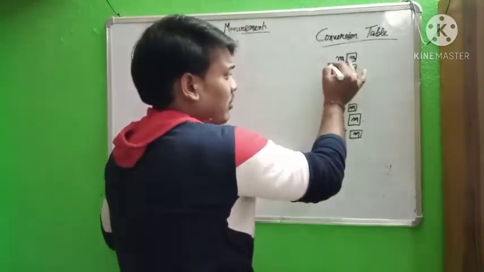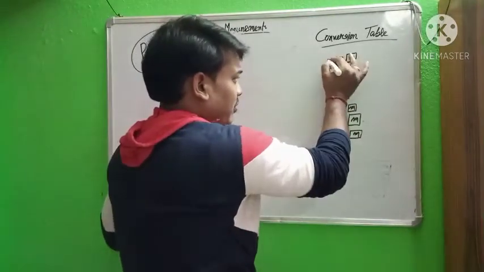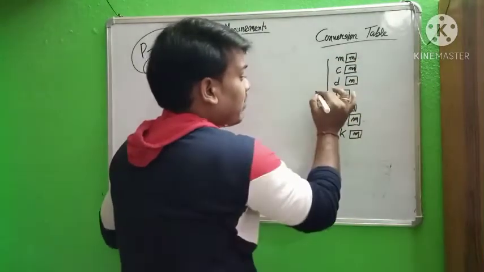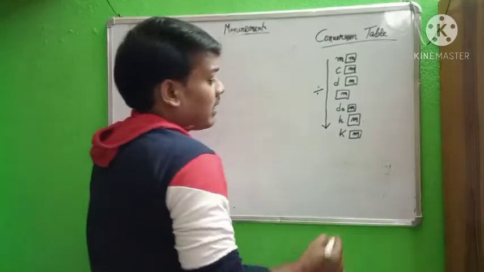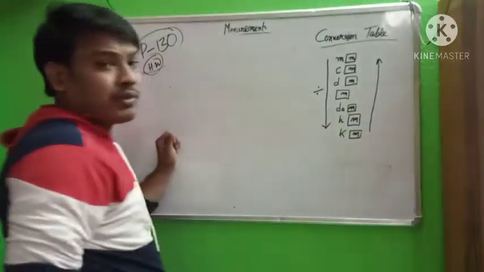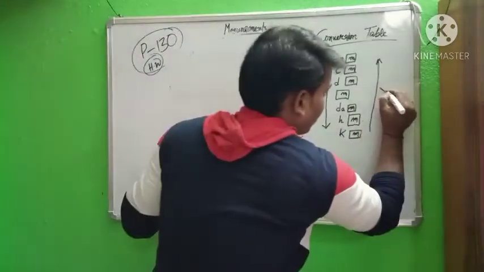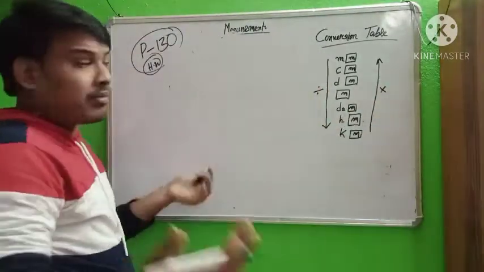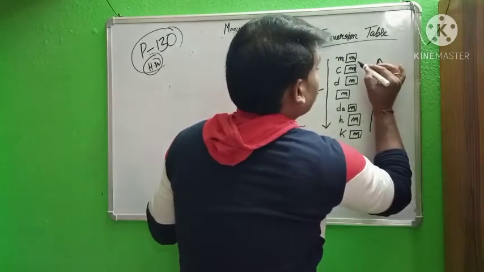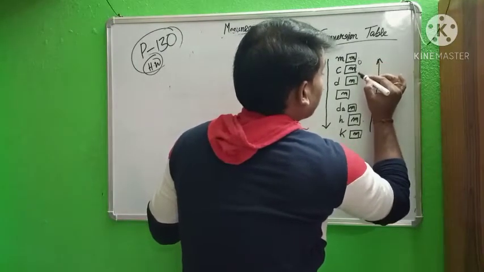One thing: when we convert upwards to downwards, we divide, and when we convert downwards to upwards, then we have to multiply. Multiply by which value? Between two units there is one zero.